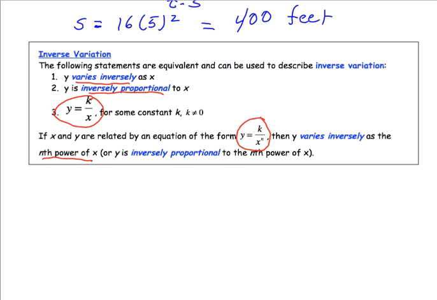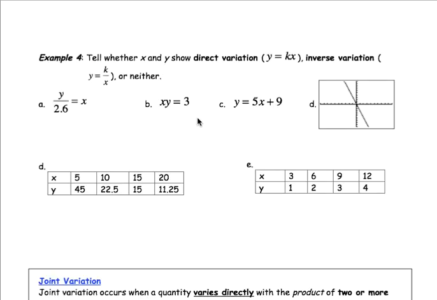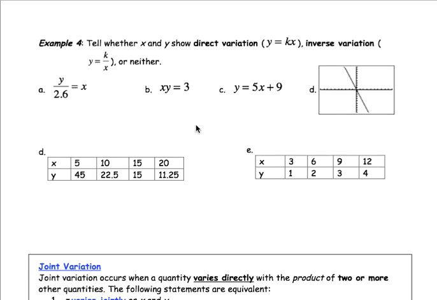Okay, let's flip to the next page of the notes. Now we are asked to determine if we have direct variation or inverse variation, using the two models. We've got y equals kx and y equals k over x. One is direct, one is inverse.